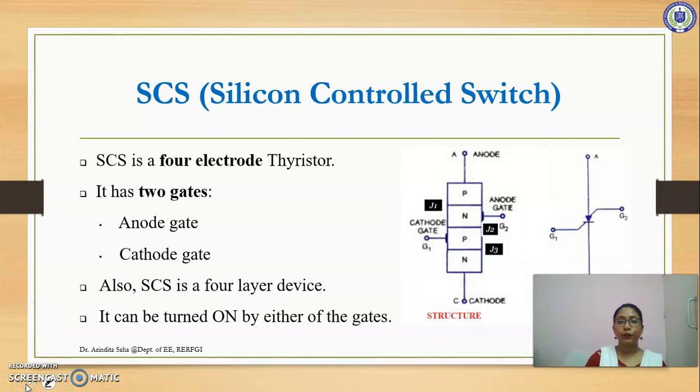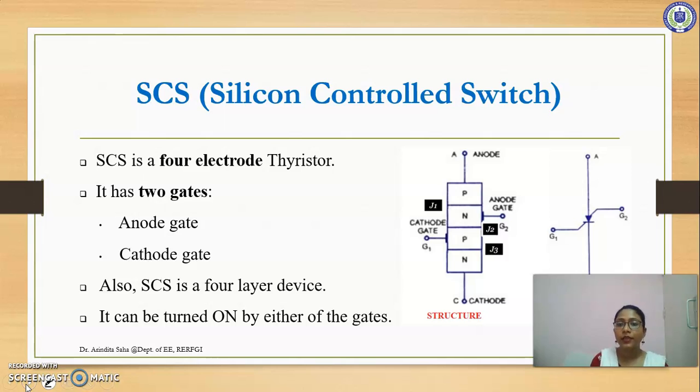Silicon control switch. This is another member of the Thyristor family which has 4 electrodes, whereas the basic SCR has 3 electrodes. What are they? Anode and cathode are the common ones, and the difference comes in the cathode gate and the anode gate. If we observe closely, the cathode gate is like that of the basic SCR.